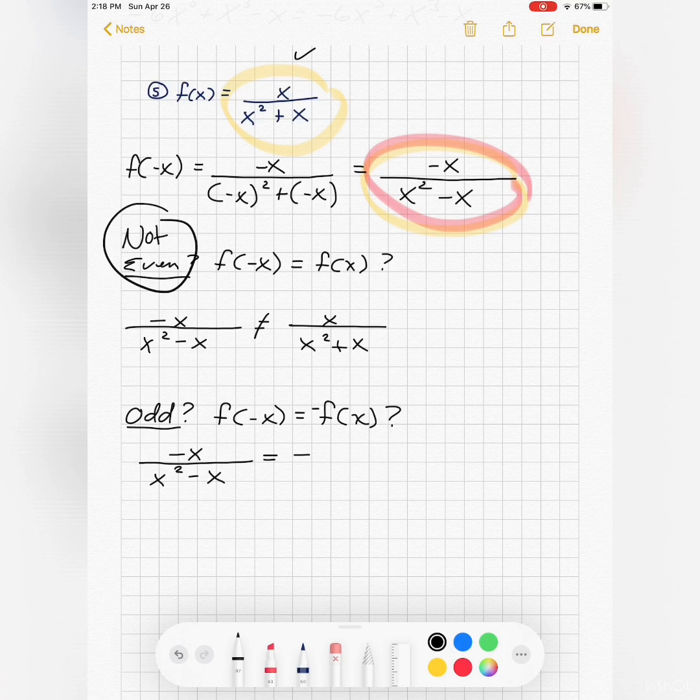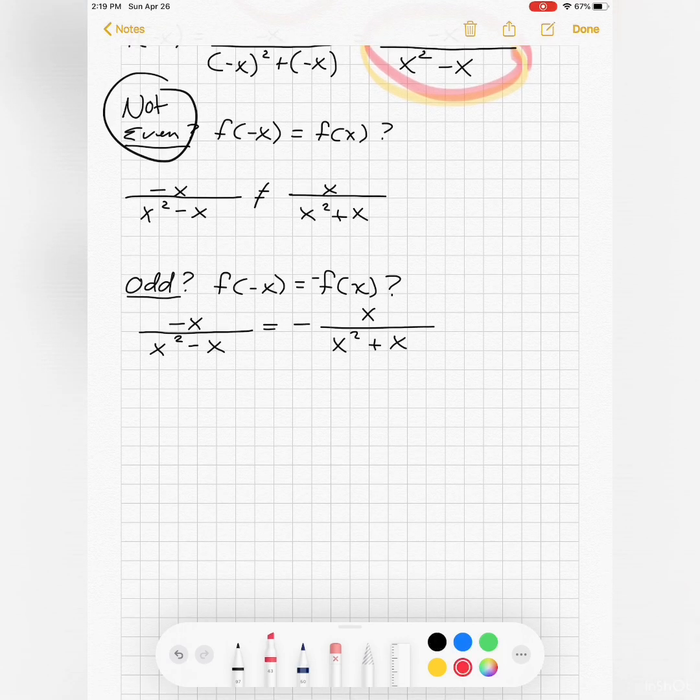Is that equal to the negative of f of x? Okay, so the question is, are these two things equal?